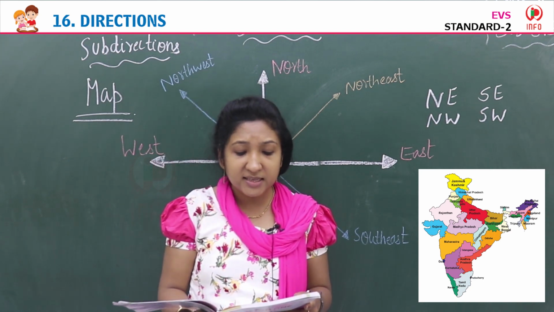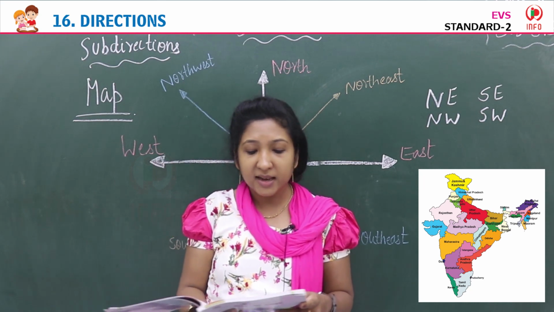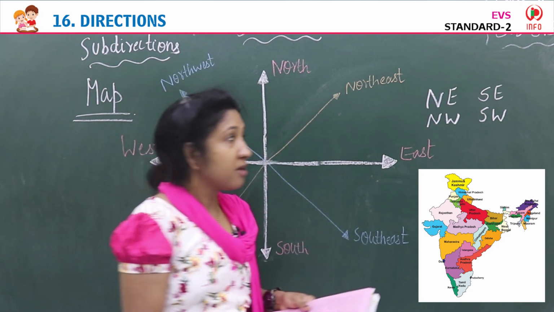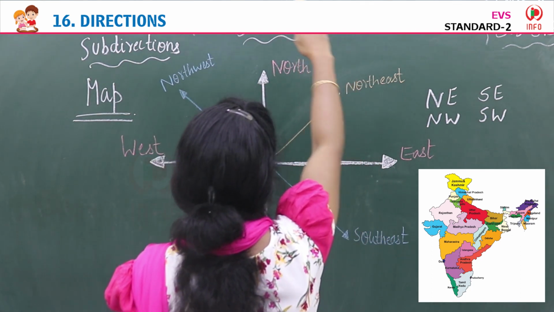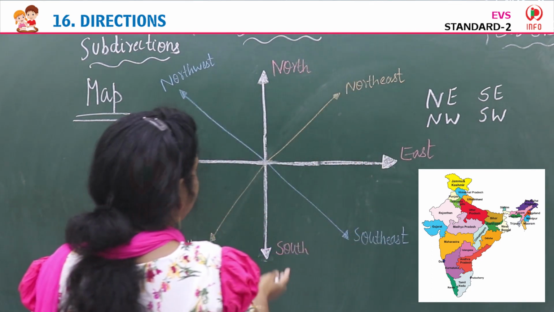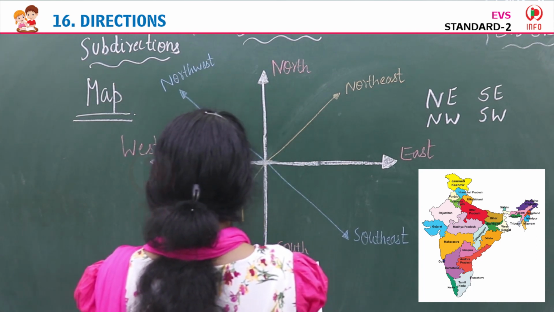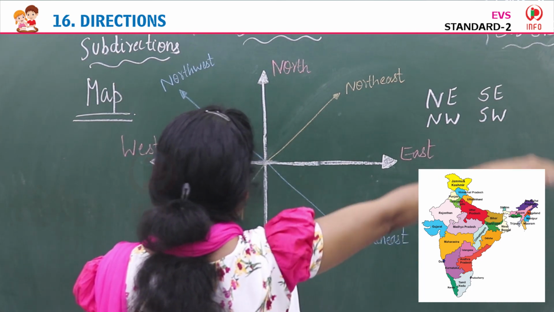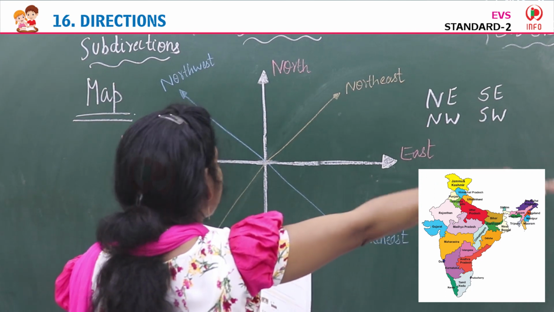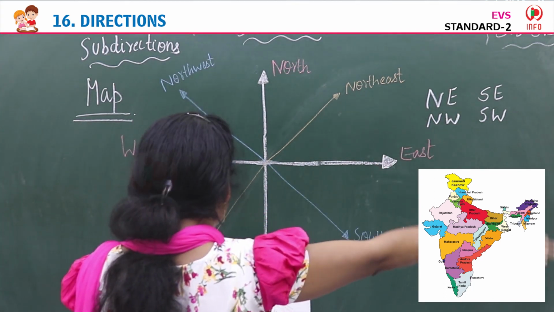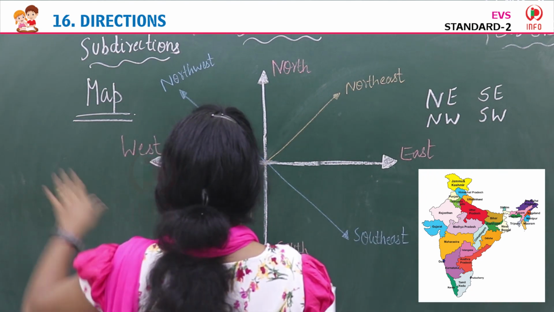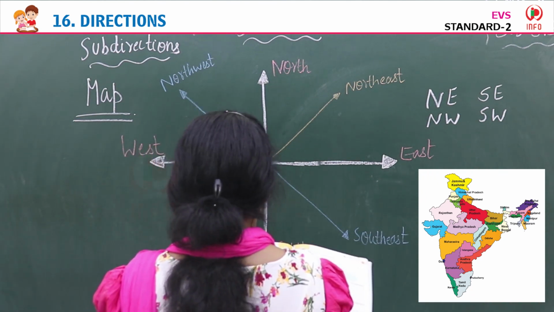Towards the right is the east and the west lies towards the left. So suppose here there is a map. Top is north, bottom is south, and this is your right, so right is the east part. Right of the map is east and left of the map is west.